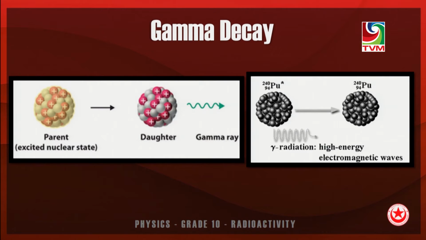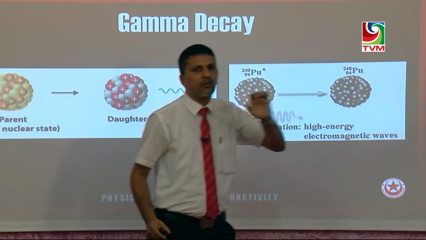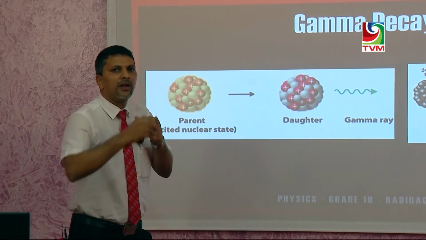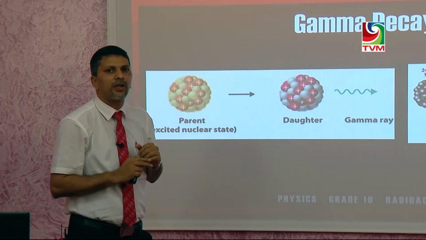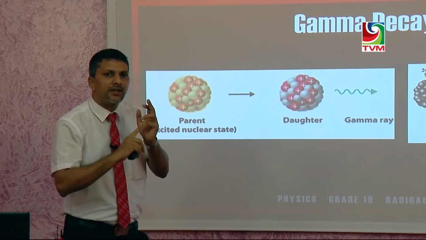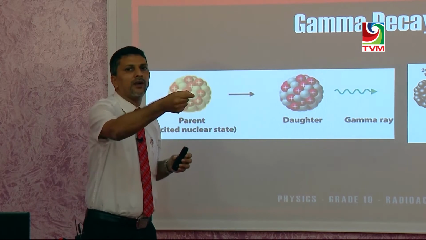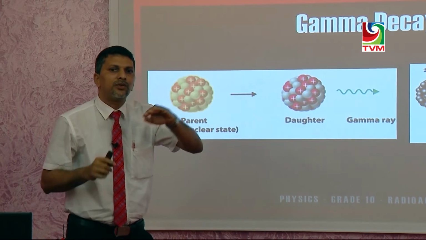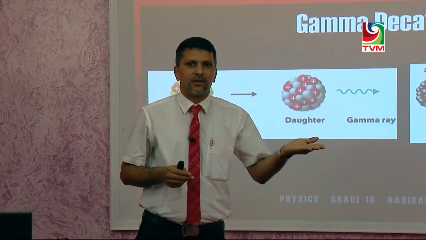Only energy is lost, but there is no change of atomic number and mass number. Understand? Now once again, when an alpha particle is emitted, for the new element the atomic number decreases by 2 and the mass number decreases by 4. When a beta decay occurs, for the new element the atomic number increases by 1 and the mass number has no change. When a gamma decay occurs, there is no change of atomic number and mass number, only energy loss.